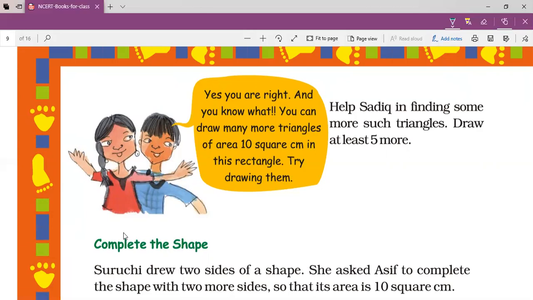The blue triangle area is 10 square centimeters and the red triangle area is also 10 square centimeters. So they are asking us to draw more 10 square centimeter triangles in the same rectangle. One note they have given: help Sadiq find some more such triangles, draw at least 5 more triangles.